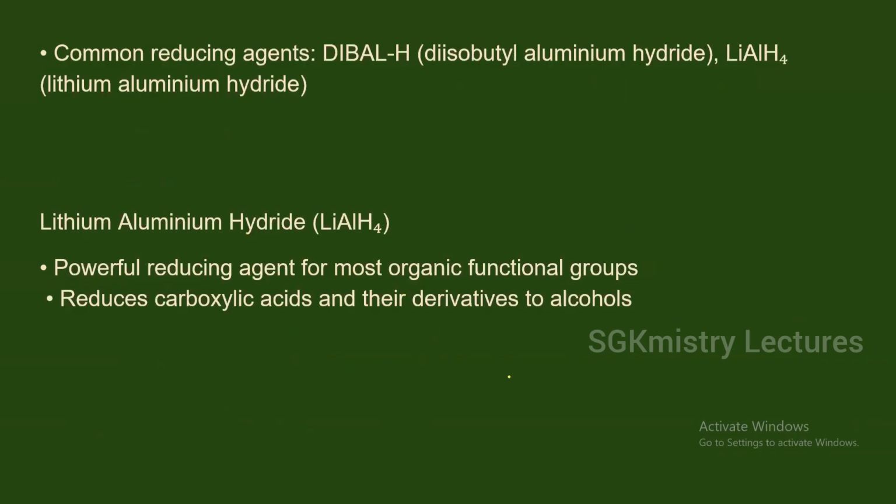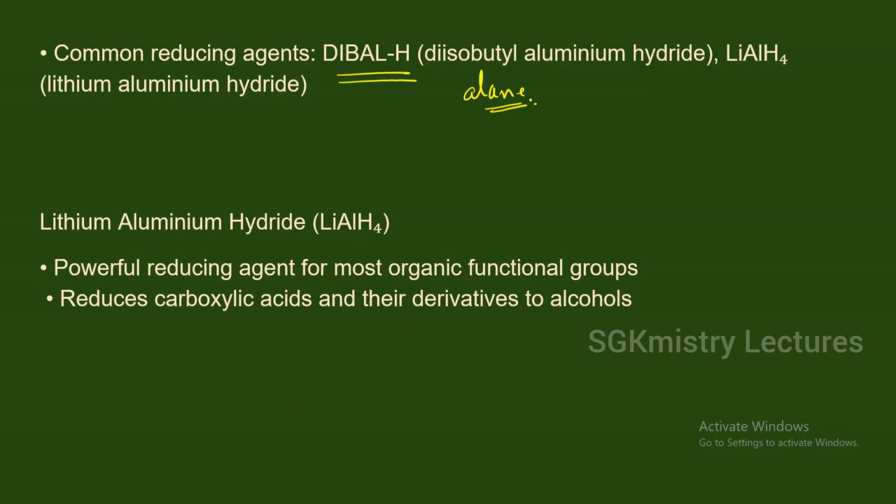Next, talking about the common reducing agents, we have diisobutyl aluminium hydride, Dibal H. That is one more reducing agent that can be used along with lithium aluminium hydride. Diisobutyl aluminium hydride is a type of alane which can also reduce the acids and their derivatives.